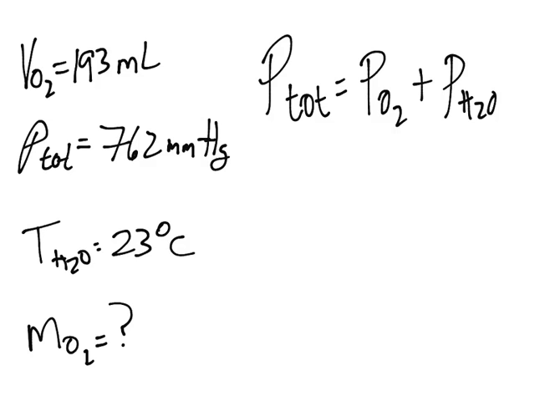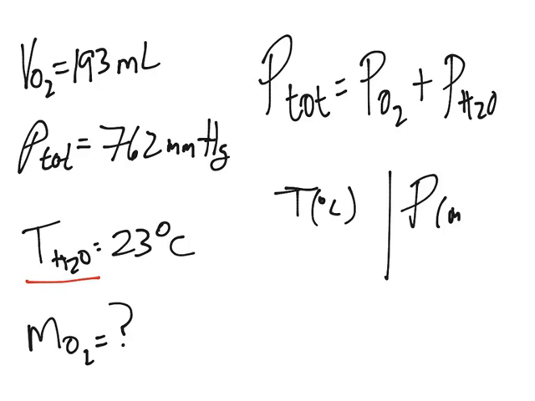However, whenever they give you the temperature of the water, you will also be given a chart that tells you what the vapor pressure is at that temperature. It'll be something like this: temperature in degrees Celsius, pressure in millimeters of mercury. So when it's 23, it'll be something.